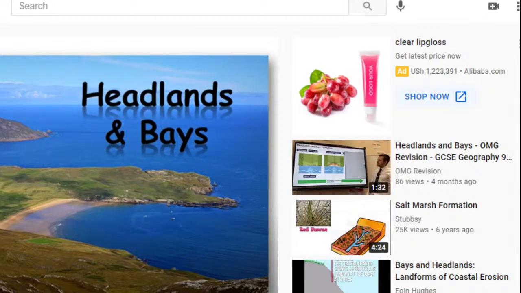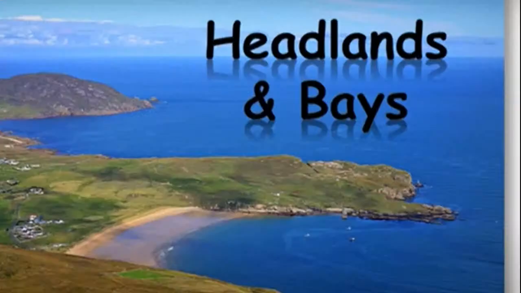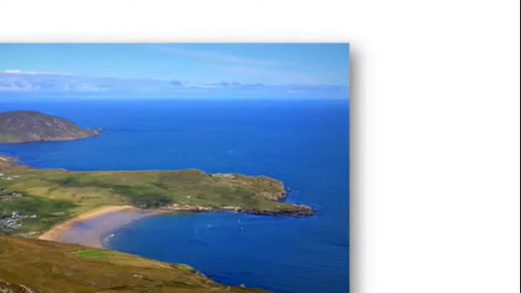Headlands and bays. There is that image there that clearly shows you land extending. You see the one in the middle, it's a land extension, a piece of land extending into the water. On either side of it, there are extensions of water. You can see water extending to the coast, while in the middle, you see an extension of land into the water.